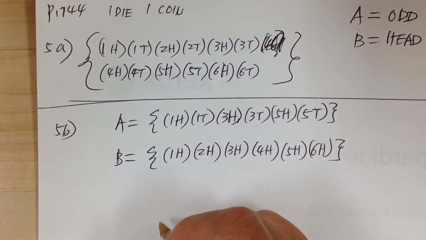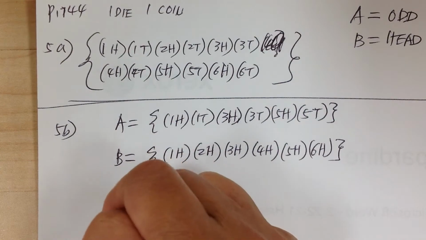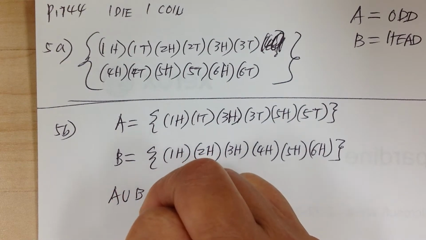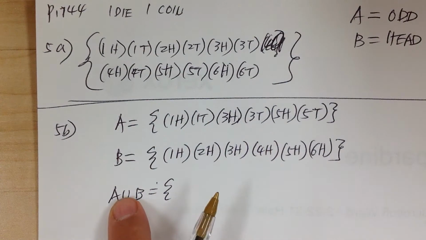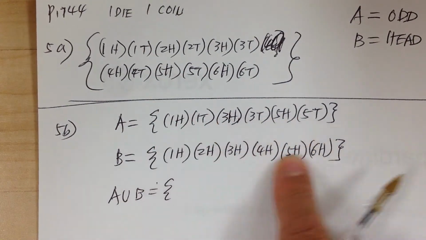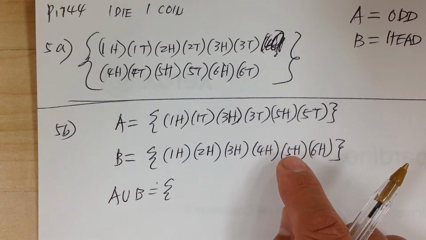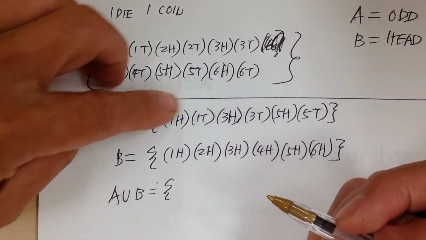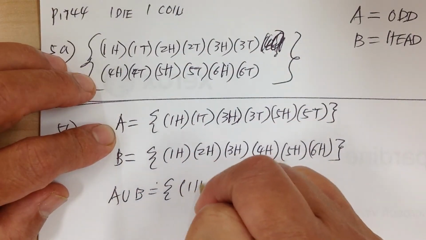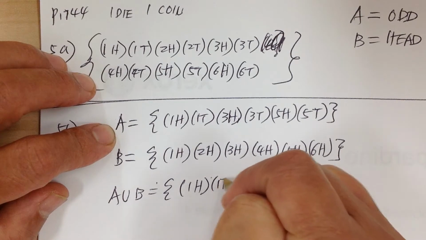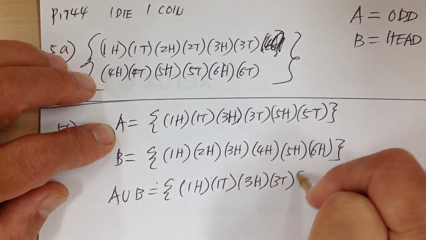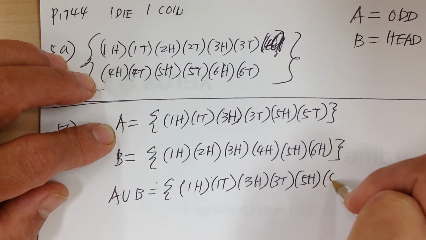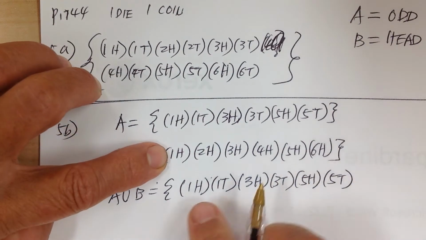And then you've got A union B. The union means you combine everything together without repeats. So first you get all these: 1H, 1T, 3H, 3T, 5H, 5T, and 1H you already have.